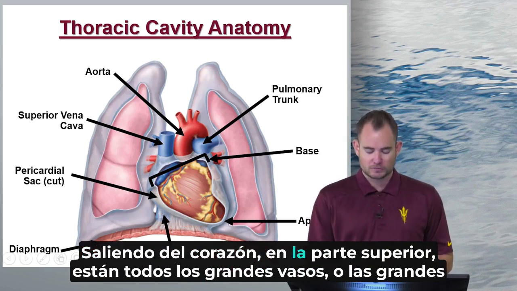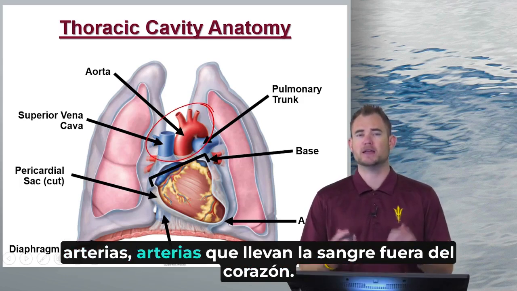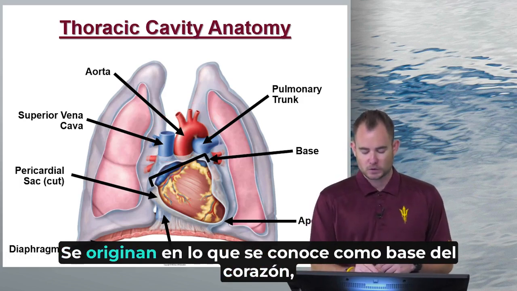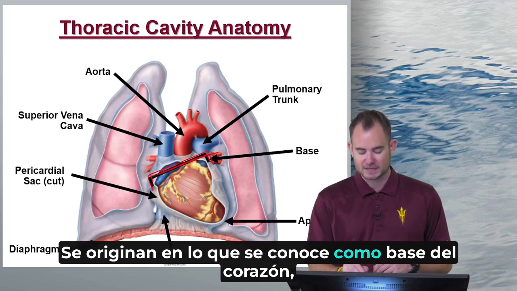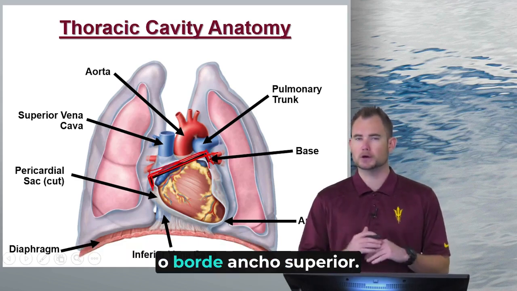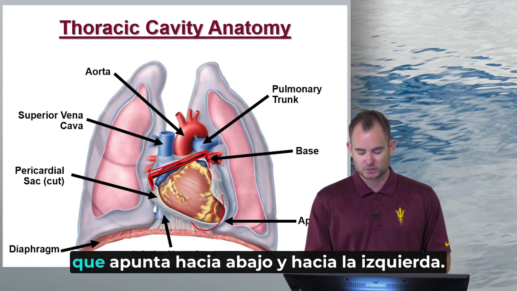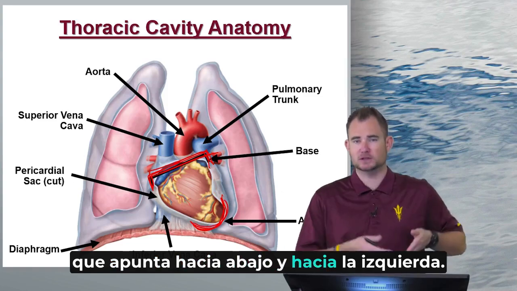Coming out of the heart, on the very top, you have all of the great vessels, or the great arteries carrying blood away from the heart. Those originate on what is known as the base of the heart, or the superior broad border. The opposite of the base is the apex, which is pointed down towards the left.